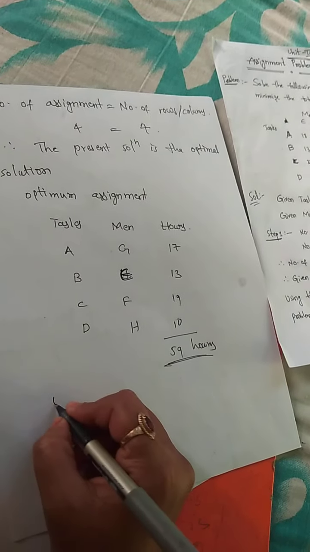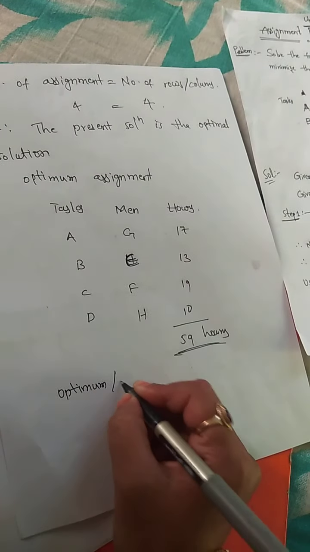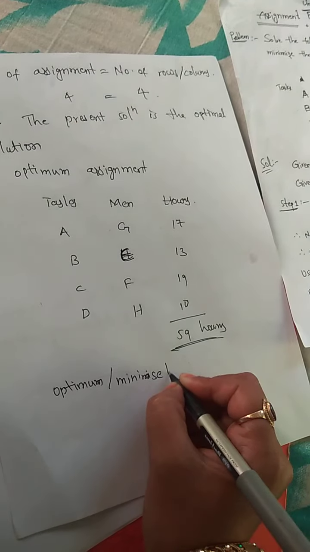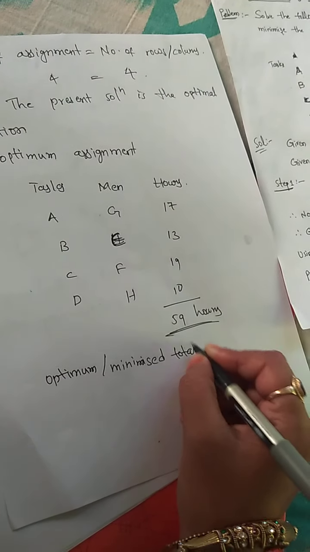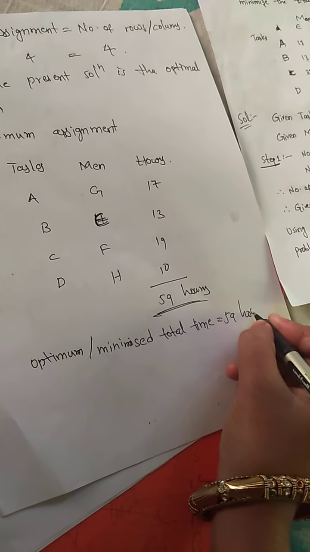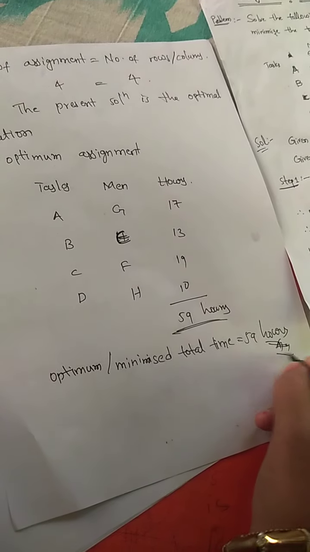So the optimum or minimized total time is equal to 59 hours. This is our answer.